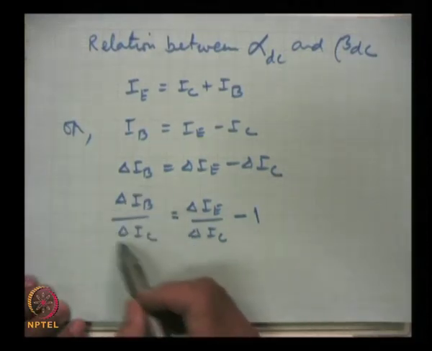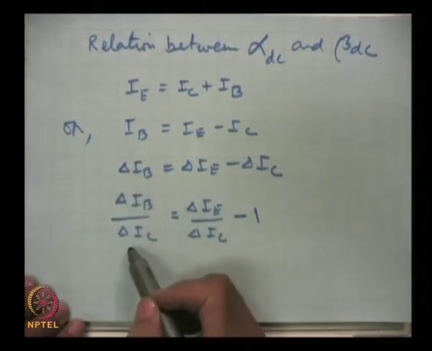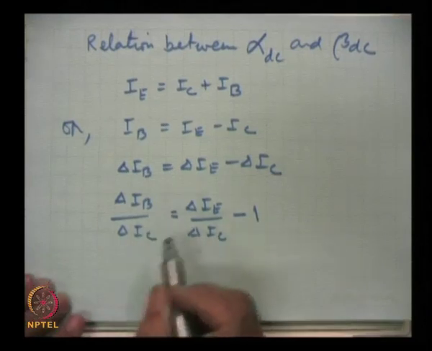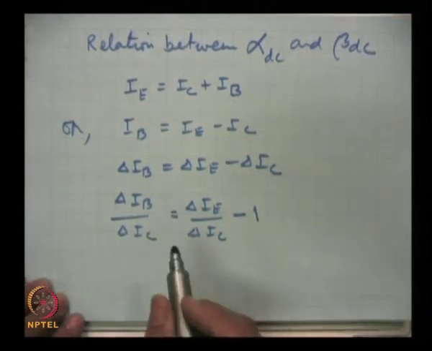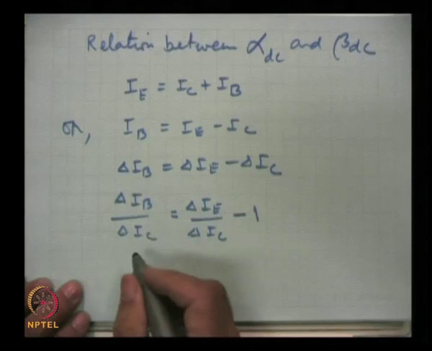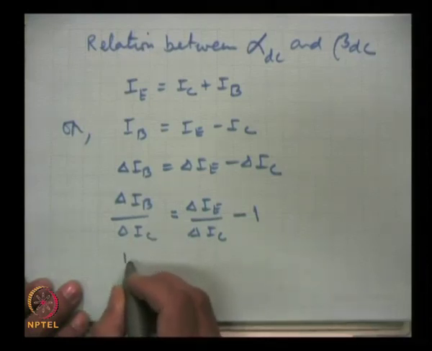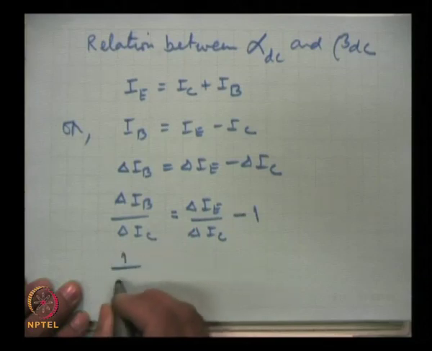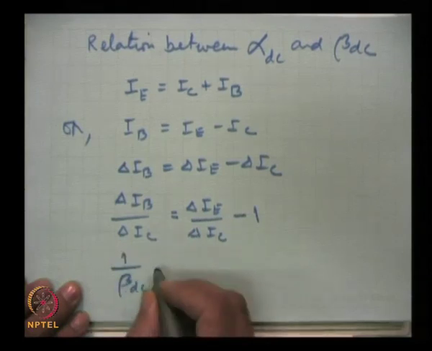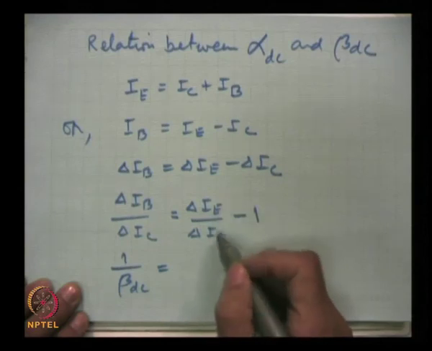Now, this is inverse of beta DC. So, this is 1 by beta DC, and this is inverse of the alpha DC.